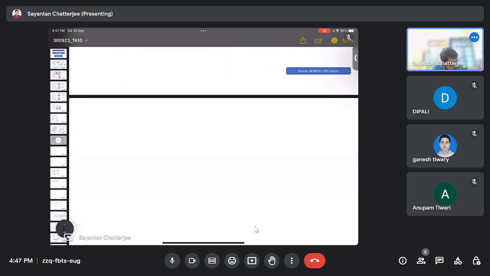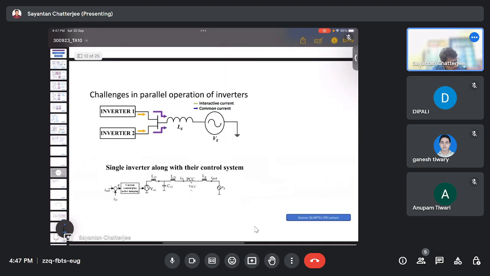So then we have some inverter control methods, inverter controlling techniques or challenges in parallel operation of inverters.